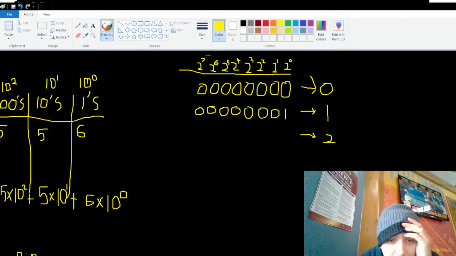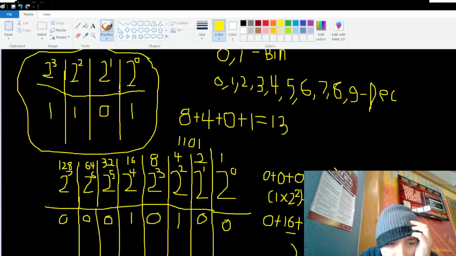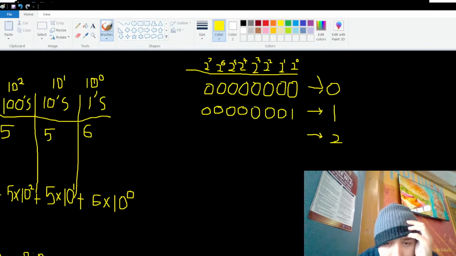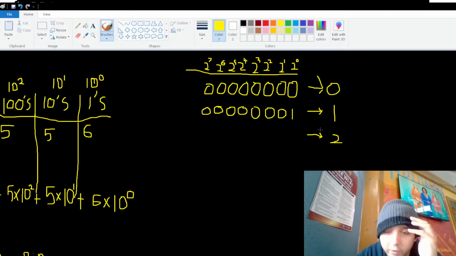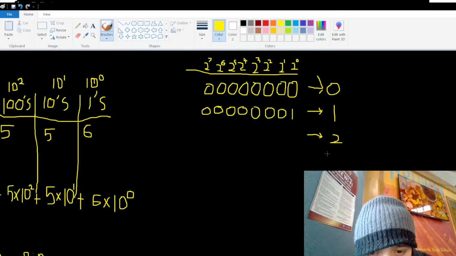So 2 to the 7, referring back to it, that's 128, right? You're not going to need to use a whole 128 to represent 2.